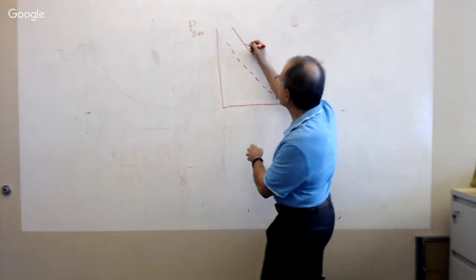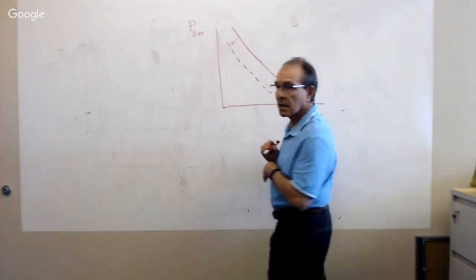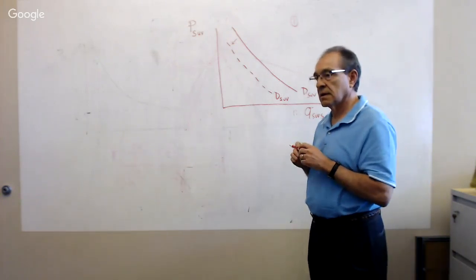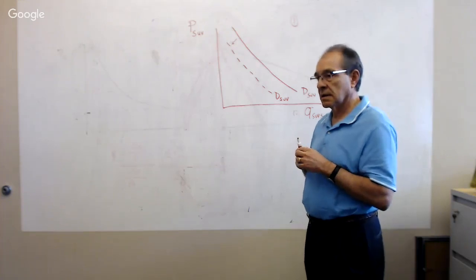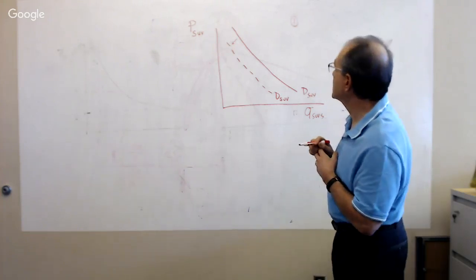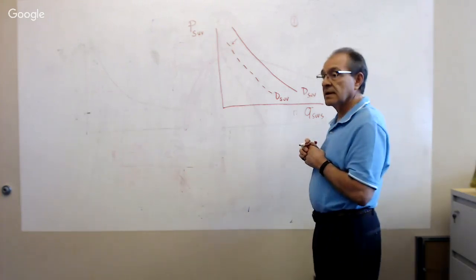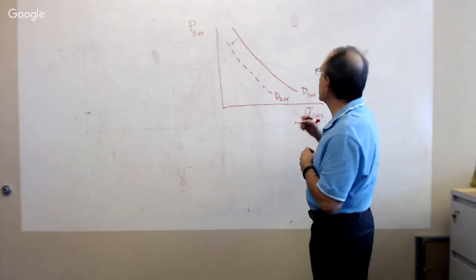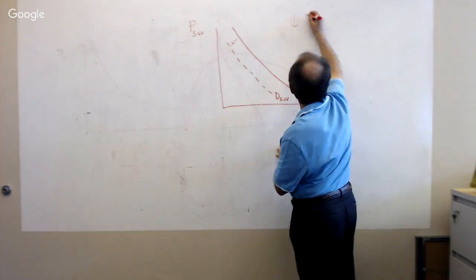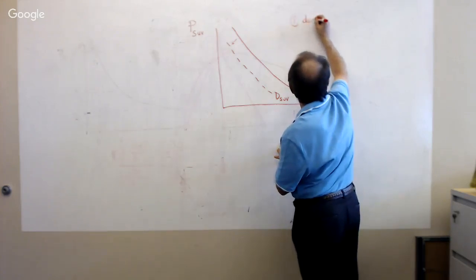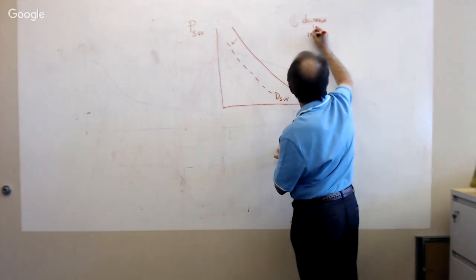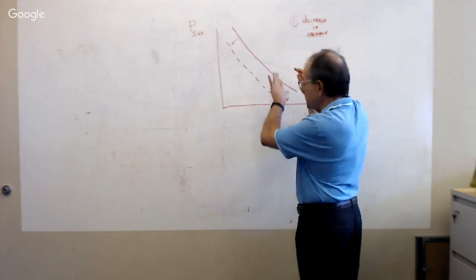If that's your attitude towards SUVs, then if you lose income, you would tend to not want to drive SUVs and you would go back to a bad car. That would decrease your demand for SUVs. So a decrease in income could cause the demand curve to shift back.